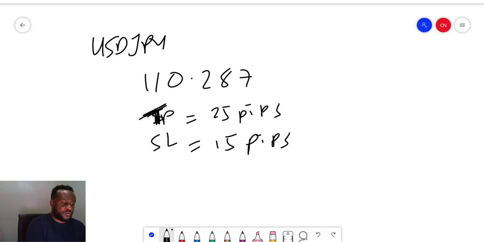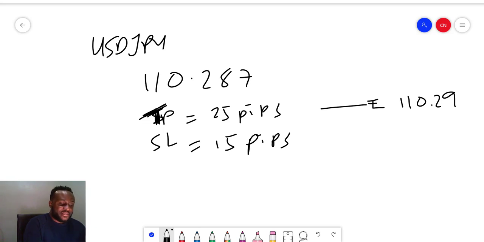So my sell entry price will be 110.287. I can actually call that 110.29 just to make it easier, because I rounded up to 2 decimal places.